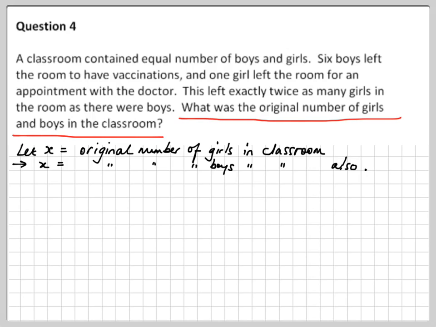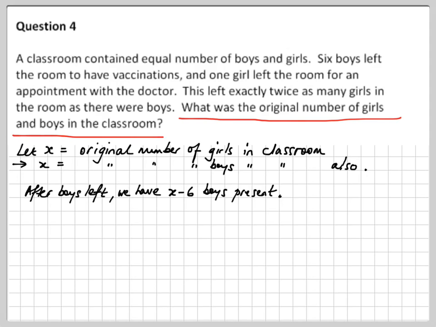Okay? How many boys left, guys? Read the question. Yeah, there were 6. So all right, so if you have X boys, and 6 of them leave, how many do you have remaining in the class? Yes, okay, yes, that's right. You have X minus 6 boys present.